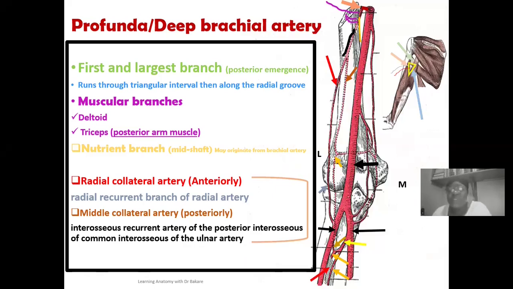Don't forget that the middle collateral artery is one of the terminal branches of the profunda or the deep brachial artery. But we say that this artery is still seen to be placed within the posterior region. While the radial collateral artery is directed anteriorly in the quest of creating anastomosis with the radial recurrent artery in the anterior part, the middle collateral artery is still seen to be remaining in its posterior region.